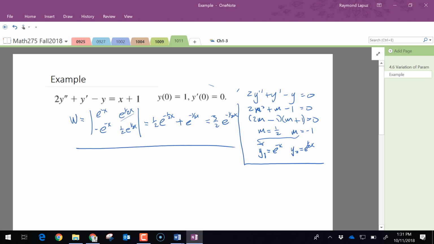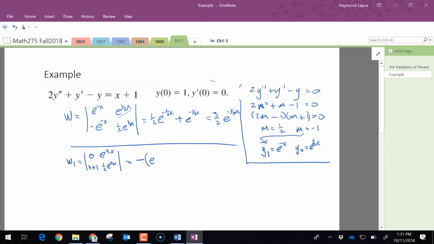Now let's get W1 and W2. So W1 is going to be 0 and x plus 1 in the first column. The second column will be this e to the 1/2 x and 1/2 e to the 1/2 x. So this is a 0 minus, this is where I always forget my negative sign, e to the 1/2 x times x plus 1.